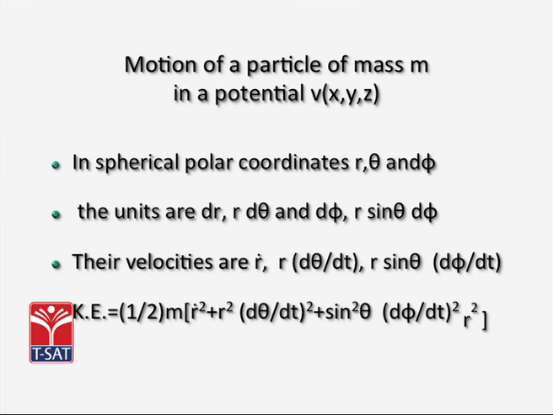So, their velocities are r dot, r into d theta by dt, r sin theta d phi by dt. Now, the kinetic energy becomes half m into (r dot square plus r square into (d theta by dt) whole square plus r square sin square theta into (d phi by dt) whole square).